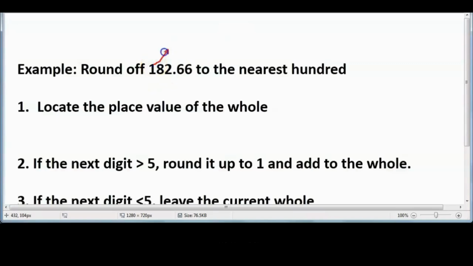The number 1 is the digit whose place value is to the nearest 100. From the right, 2 is a unit and 8 is tens.